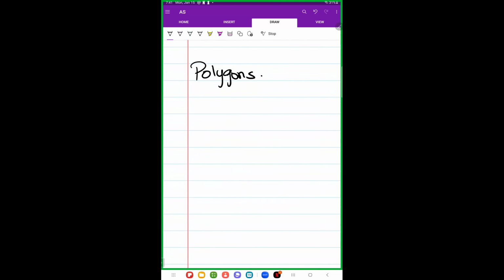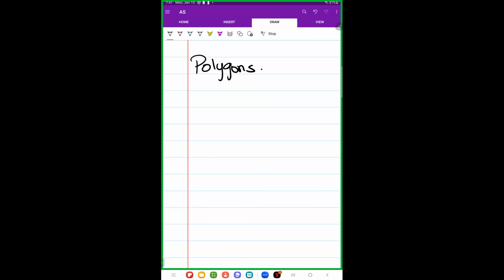All right. There are a few properties of polygons that you need to remember now. In this chapter, we did some properties. It was all about angles on a straight line, triangles, quadrilaterals, equilateral triangles, isosceles, right?